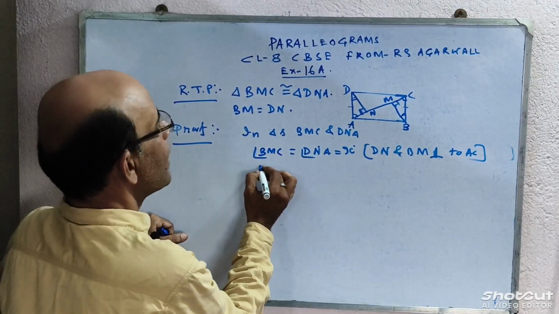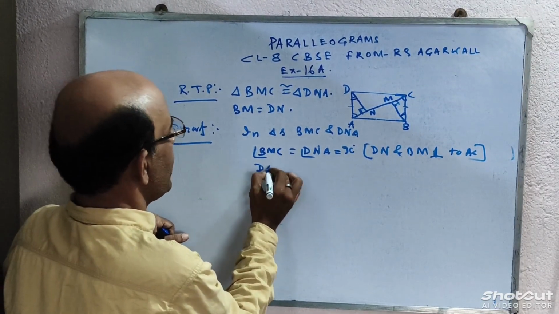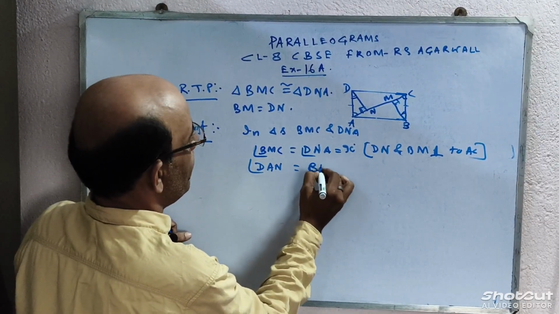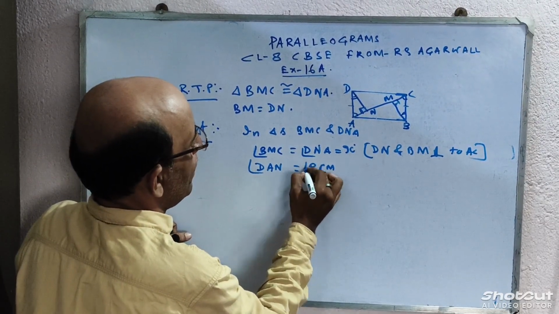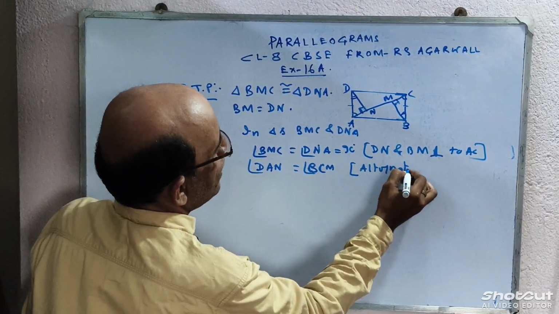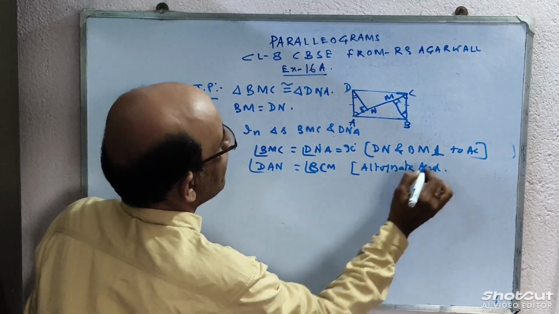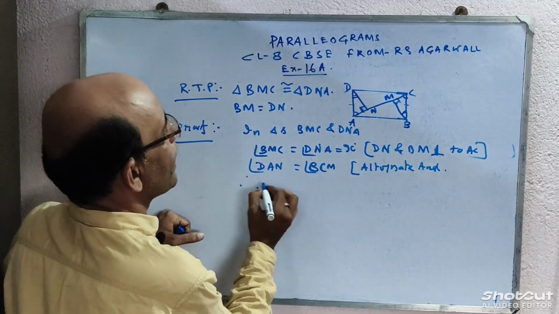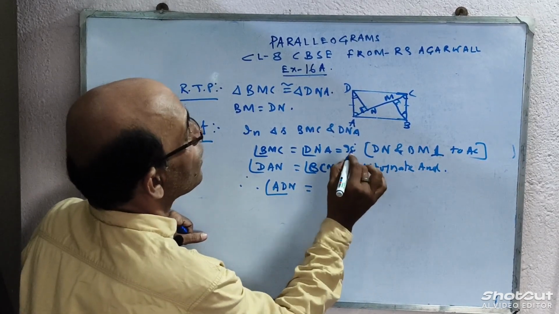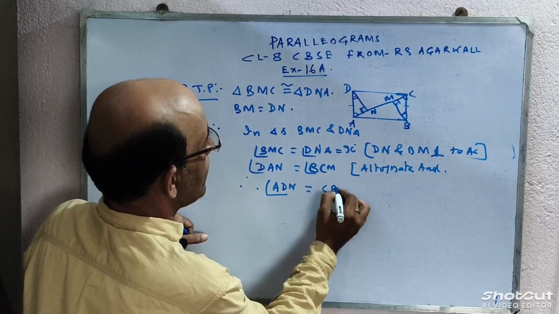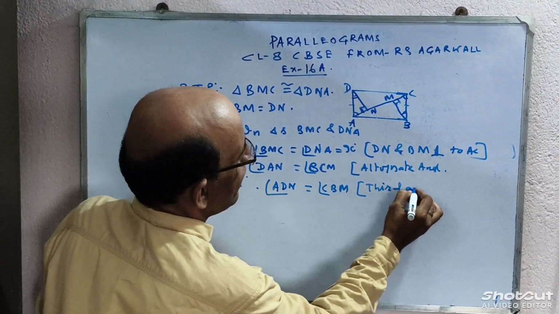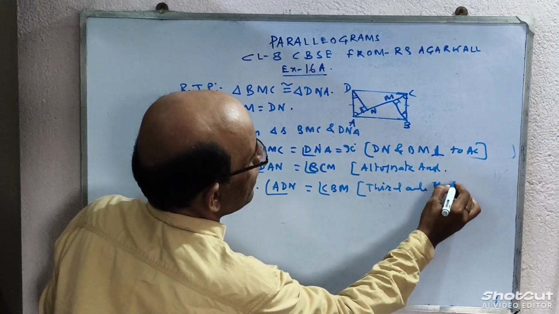And angle DAN is equal to angle BCM, because alternate angles are equal. Therefore, the third angle ADN is equal to the third angle CBM. The third angle must be equal.